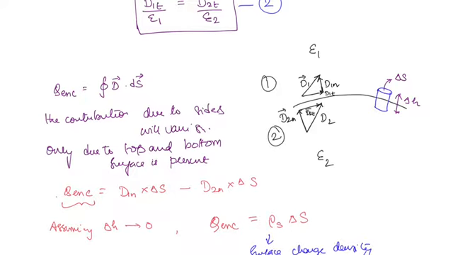Whichever medium we take, the d1n we have taken is from the boundary to away from the boundary, and d2n is going towards the boundary. Whichever is going towards the boundary, we take as negative. So d1n minus d2n is equal to rho S.